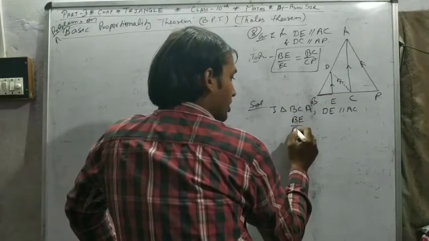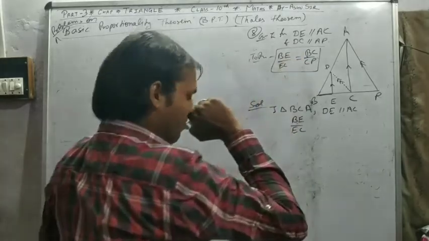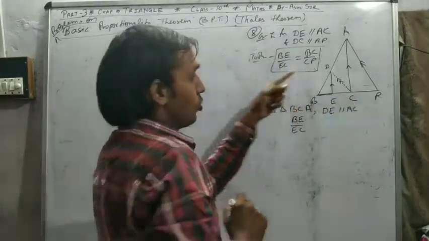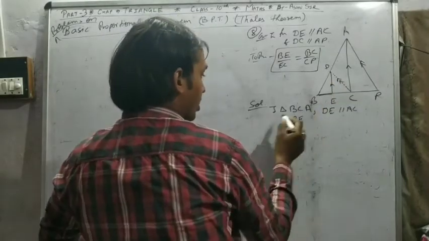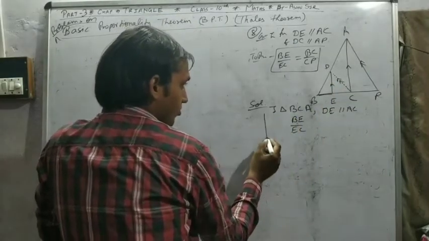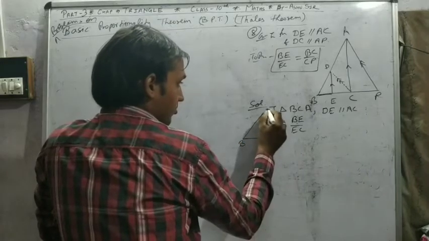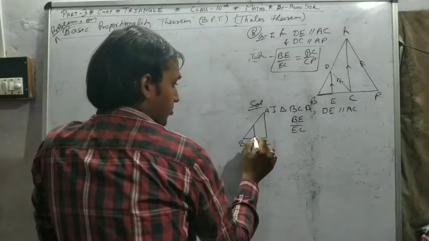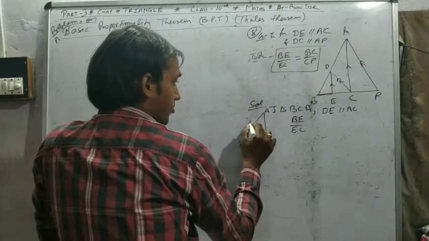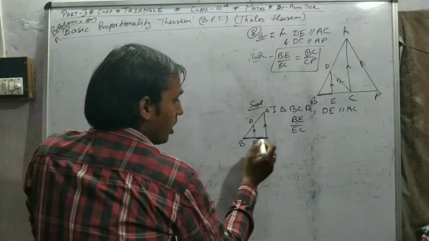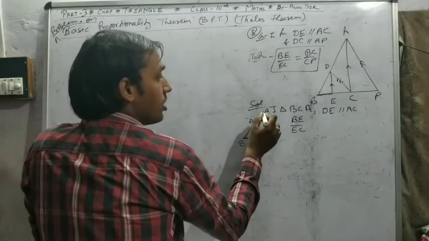Which two parts? BE upon EC. What you want? BE upon EC, first upon whole. So for this triangle, if we make this triangle here, BE upon EC, so here BD upon DA.